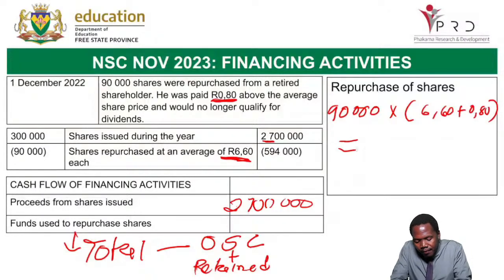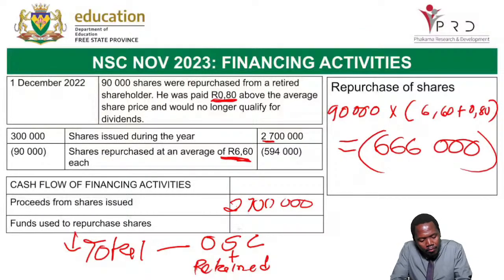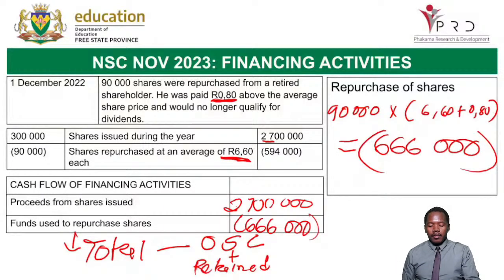Then we get 666,000. So we have 666,000 here. That is our financing activities, repurchase. Remember, what are we learning here? We take the repurchased amount for the retained income plus the repurchase amount for the ordinary share capital.